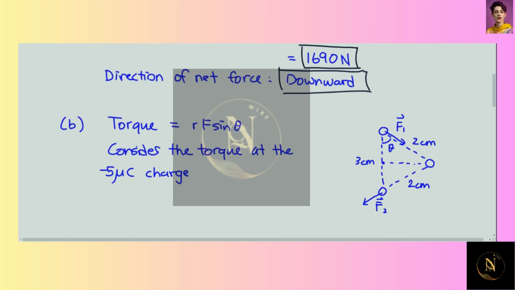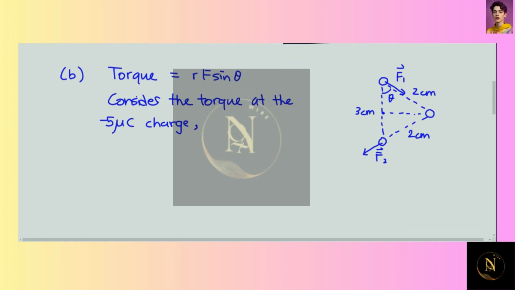Although in a couple there is no net force, we can still consider the torque about one of the charges and calculate it. This is our reference point, so F2 is not needed in our calculation. The torque would be r F1 sine theta.